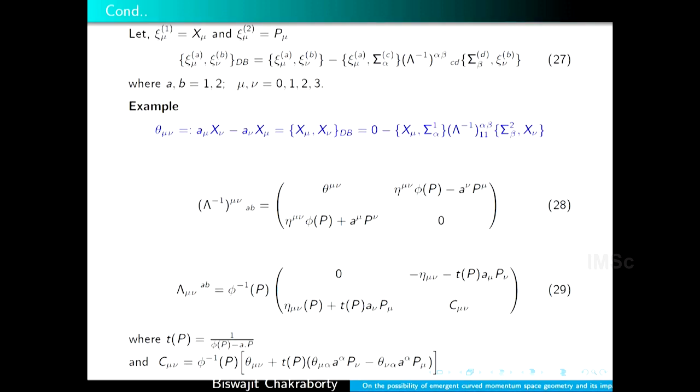This helps us now. If I just relabel the x mu's and p mu's as xi mu 1 and xi mu 2 and recall the definition of the Dirac bracket, you can see that you can obtain the inverse of the constraint matrix as given in 28, and from there again obtain the constraint matrix lambda as given here, where t and c are defined below equation 29.